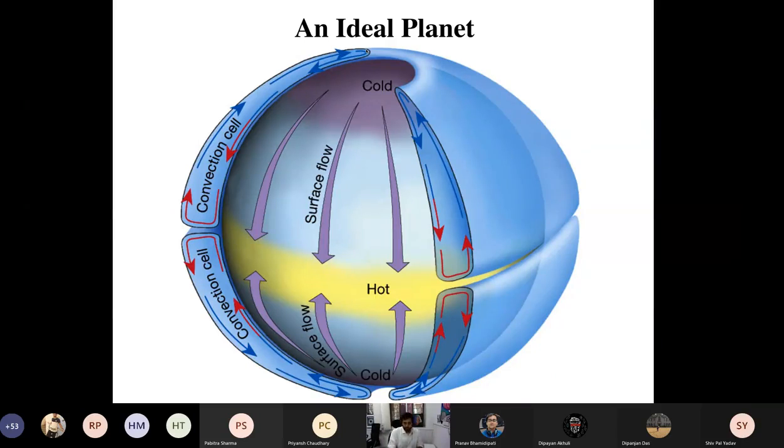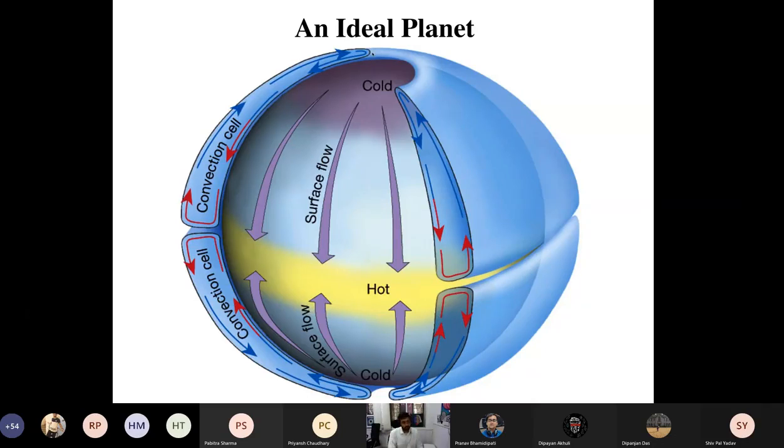Two cells starting from the equator, going all the way towards the pole, okay, and movement of air along the surface of the planet from the pole towards the equator, whereas movement of air from the equator towards the pole at the top of the atmosphere, okay. So there is cold wind coming down the surface of the planet and warm wind moving from the equator towards the pole along the top of the atmosphere.